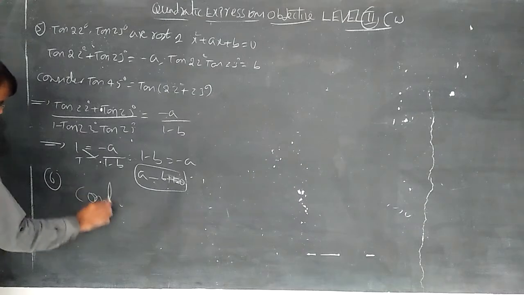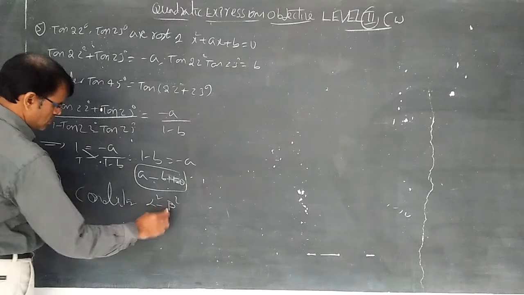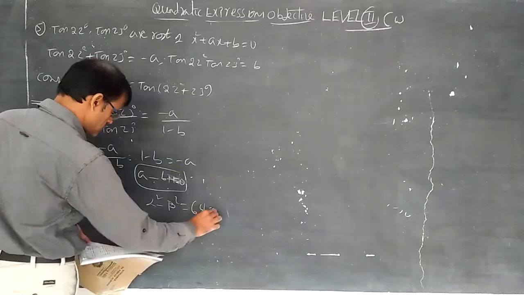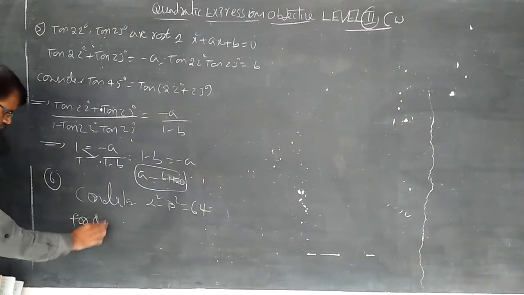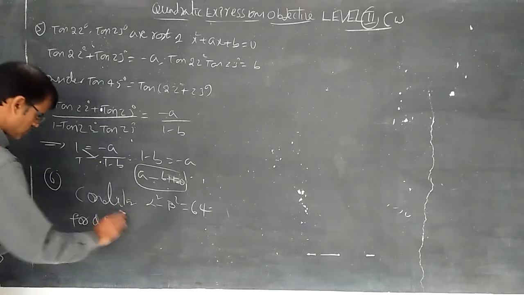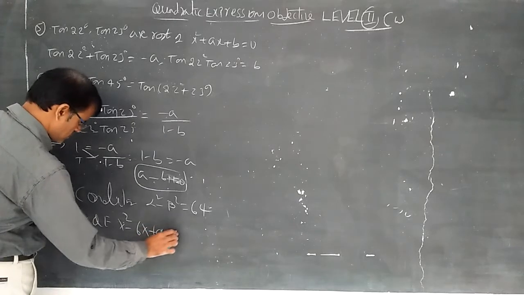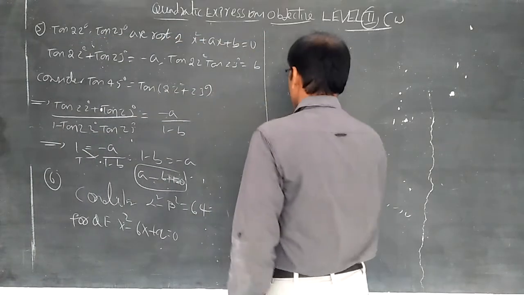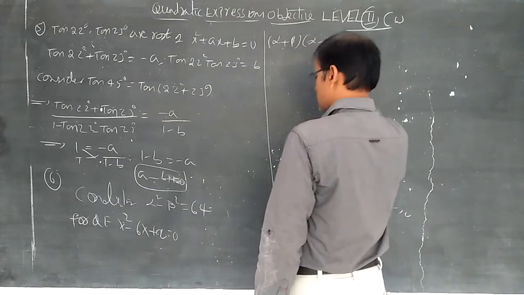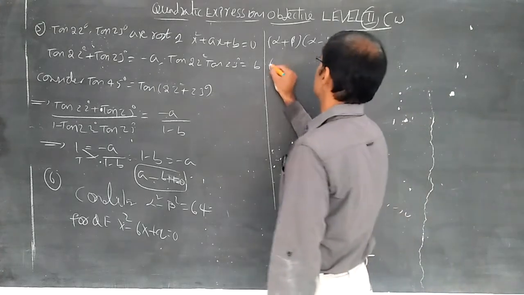The condition: the difference of squares of the roots, alpha square minus beta square, equal to 24. For x square minus 6x plus q equal to 0, we can write alpha plus beta into alpha minus beta is equal to 24. Alpha plus beta, we know, is 6.